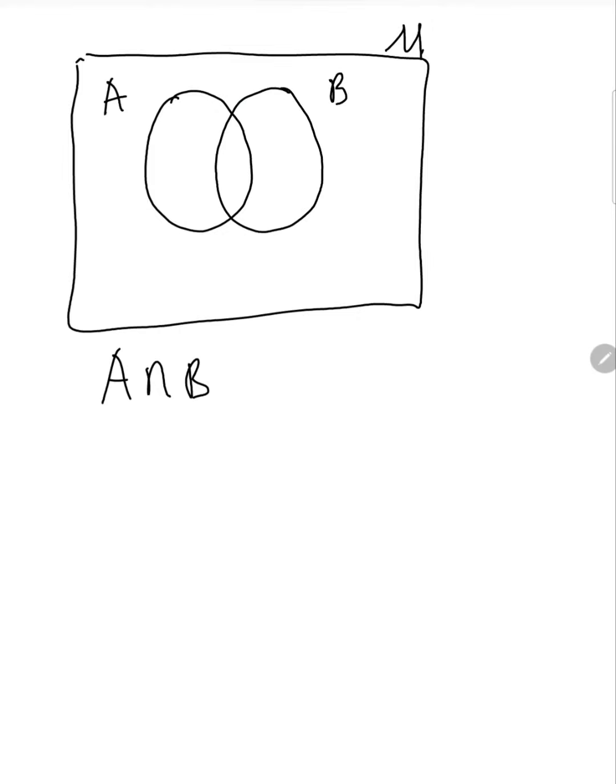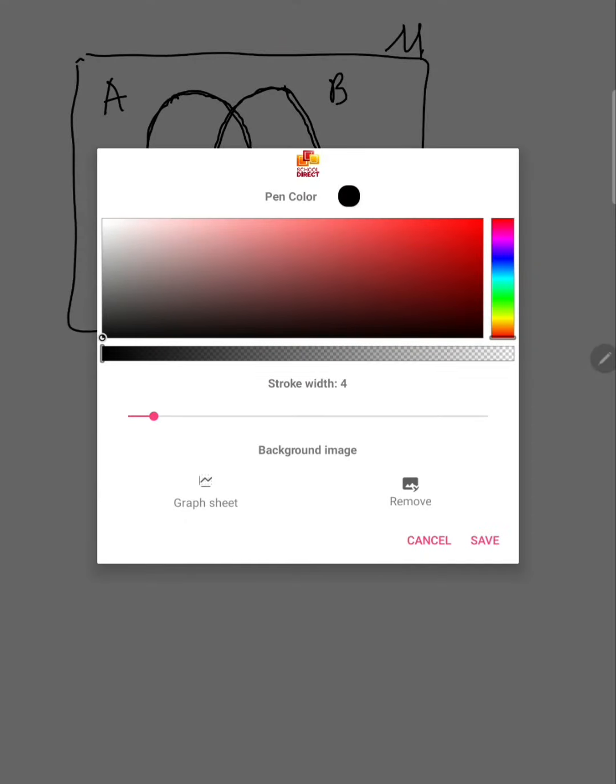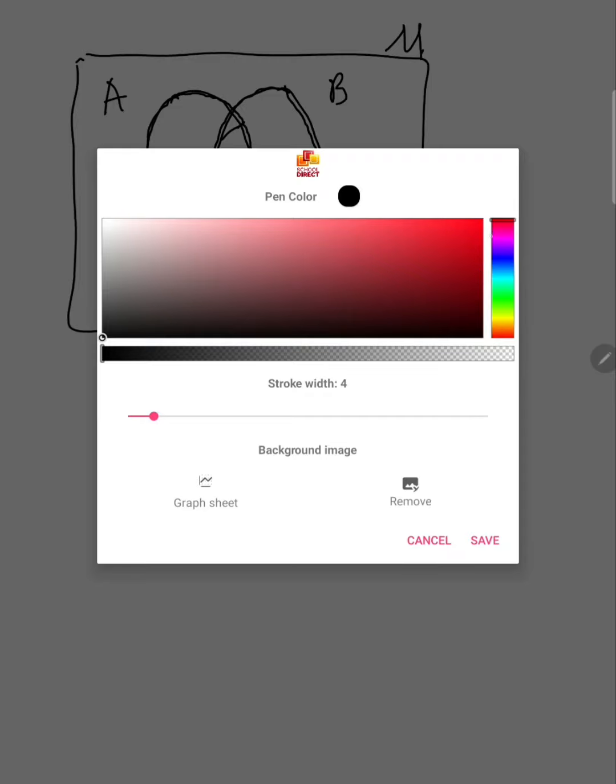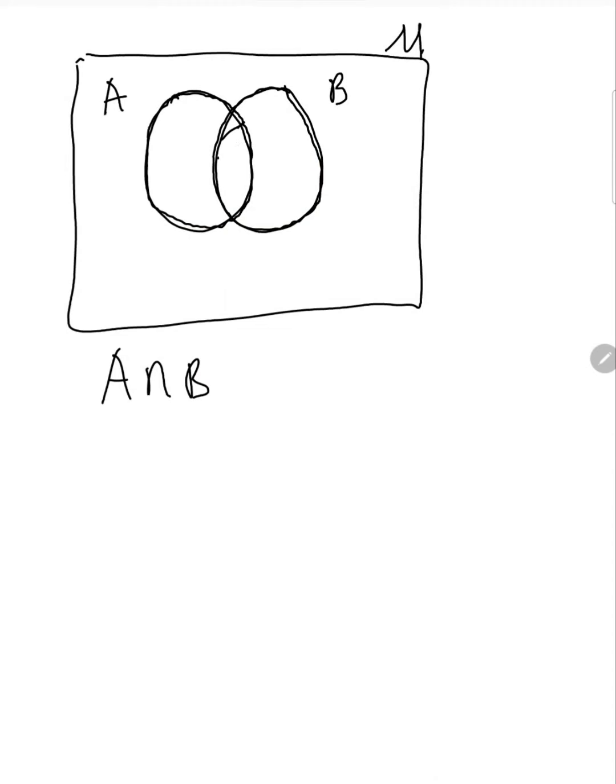Now, let's look at the circles. You see that the circle A, this is the set A, and in the same way, this is the set what? B. So for the intersection, you see this portion, which is shaded, is what forms the intersection of the set A and what?